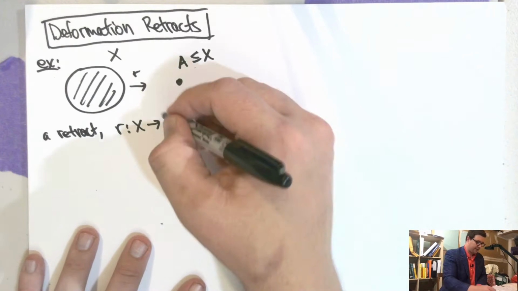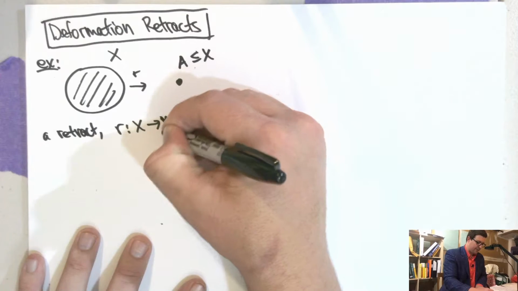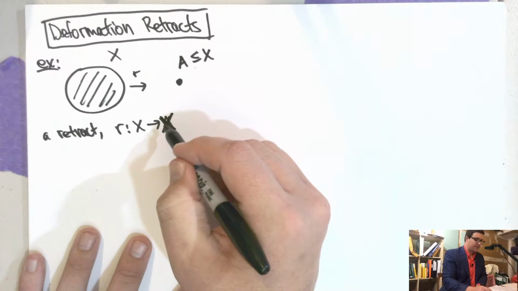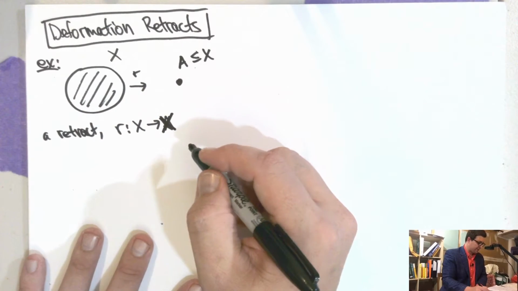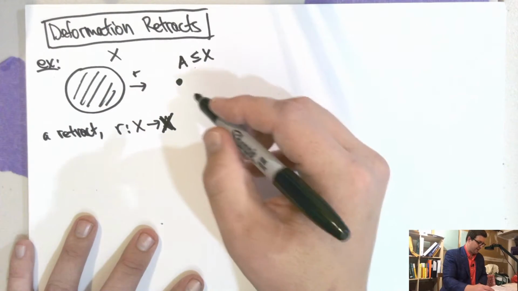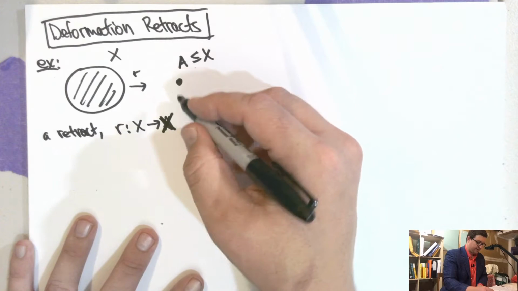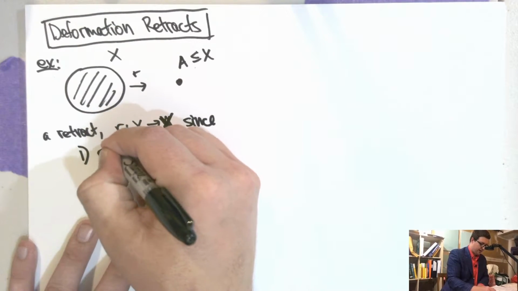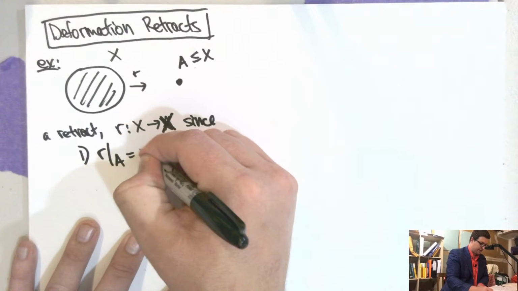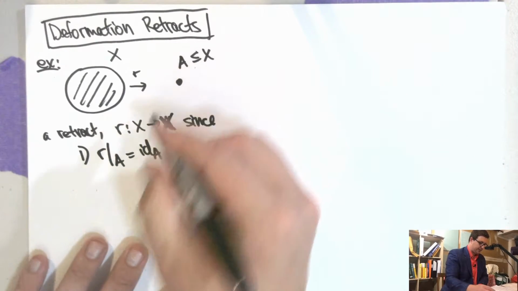It's a map from X to X. Sometimes I'll call this to X, sometimes I'll call it to A. Okay, so it's a retract since R restricted to A is the identity on A. It's identity on this point.